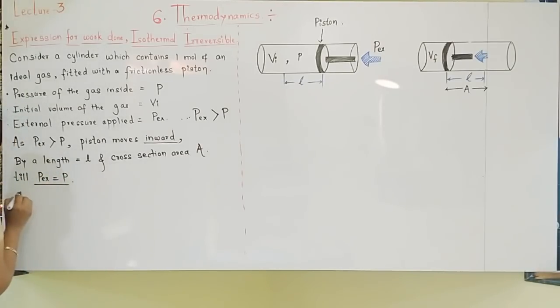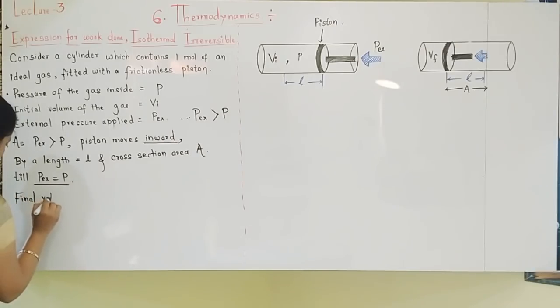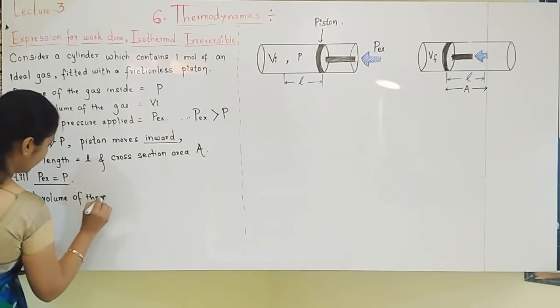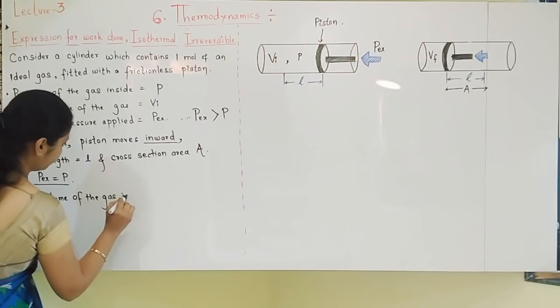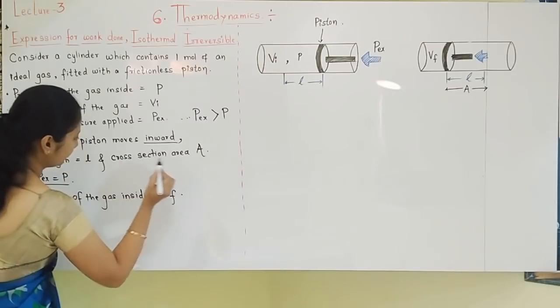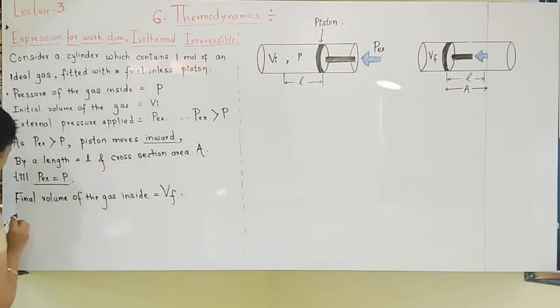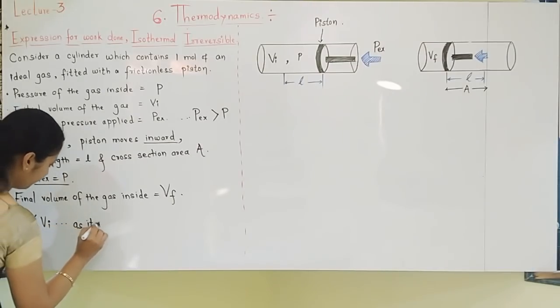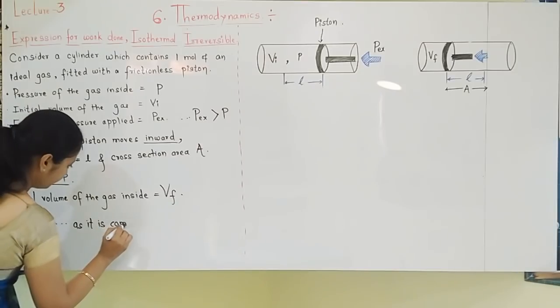Now, the final volume of the gas inside will be written as Vf. As it is compression, Vf is less than Vi.